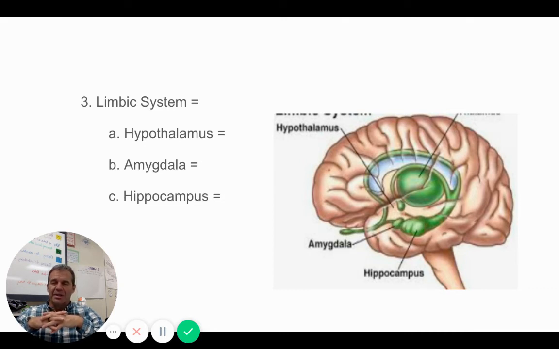The amygdala is where our primitive emotions of fear and anger reside. So fear and anger are the two most important emotions because they are the two emotions that help us to survive, right?